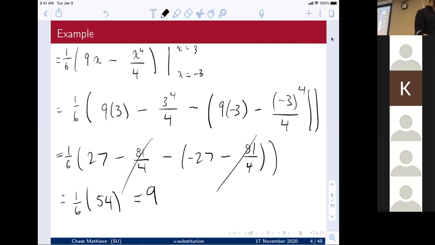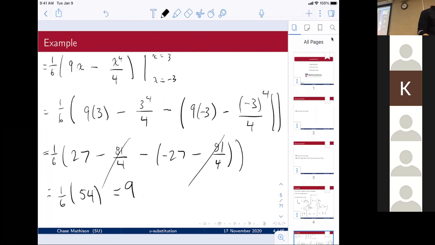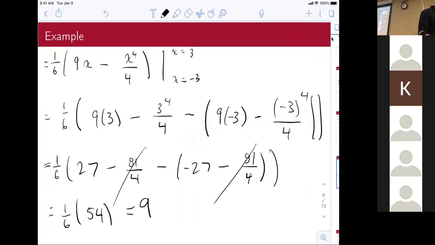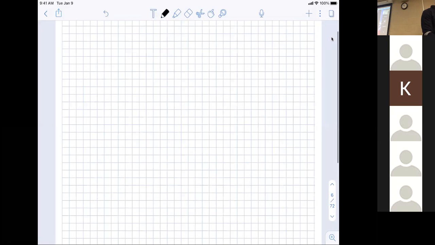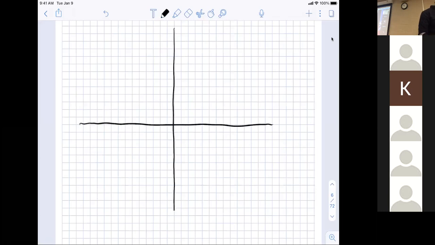So again, the average value of this function is that number. If I draw the graph, what's happening here? 9 minus x cubed. Well, it goes through 0, 9, and it does something like this.